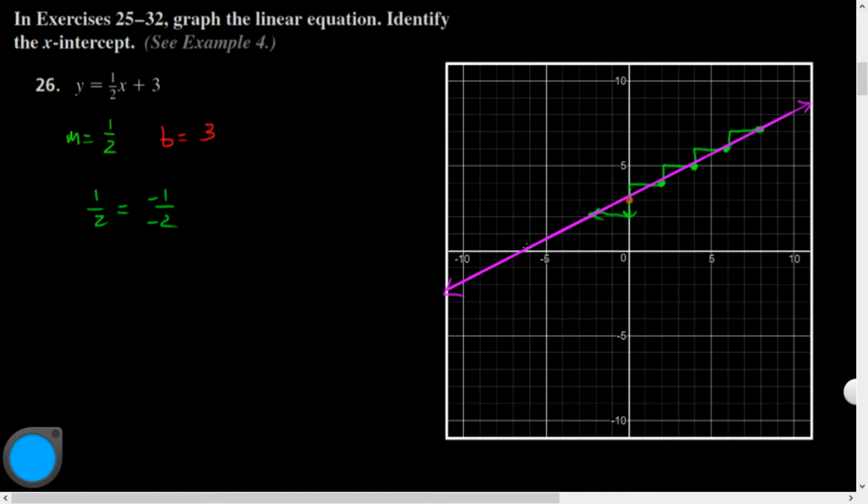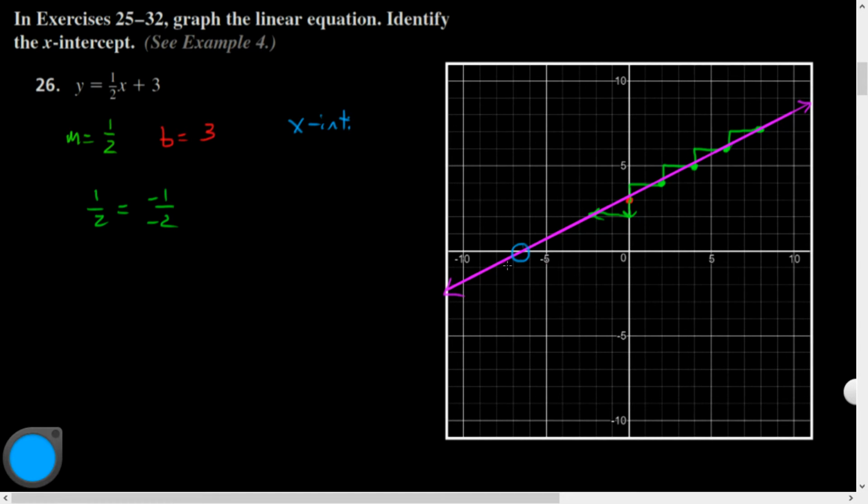So that's asking, where does it cross the x-axis? So the x-int, I feel like it should have been at -6. Yeah, but I think my graph was off a little bit.